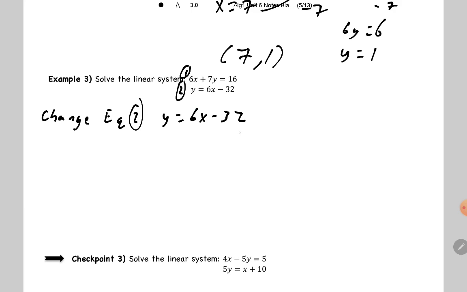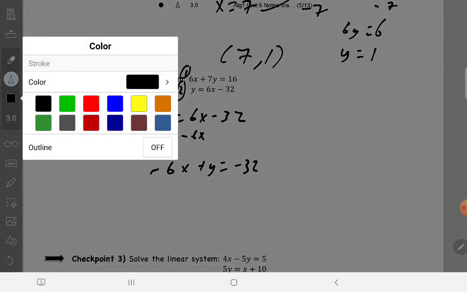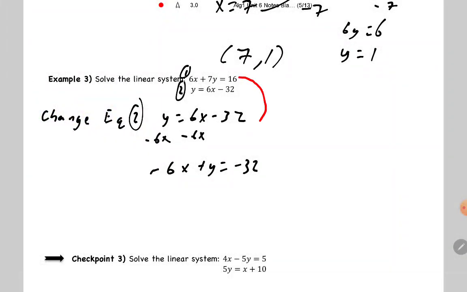So y equals 6x minus 32. To make it like equation 1, I'm just going to subtract 6x over. So I'll have negative 6x plus y equals negative 32. Okay. And then equation 1, so we have 6x plus 7y equals 16.